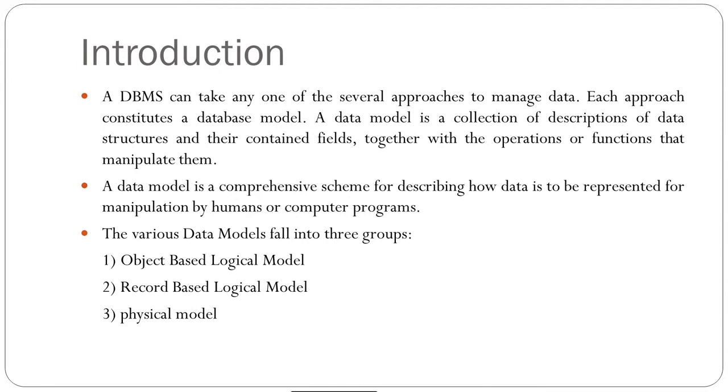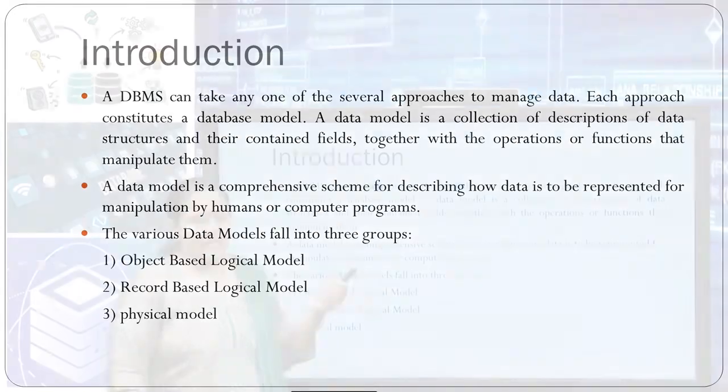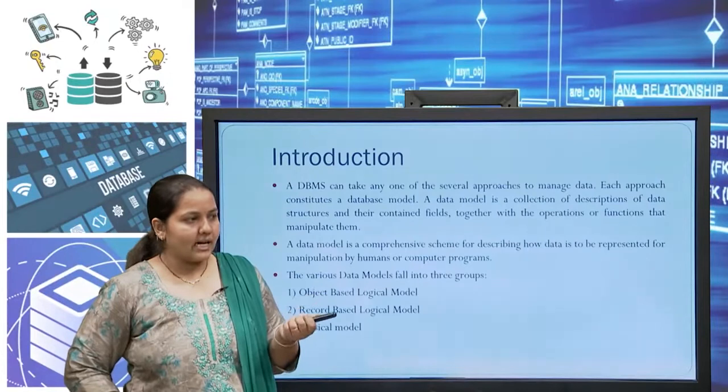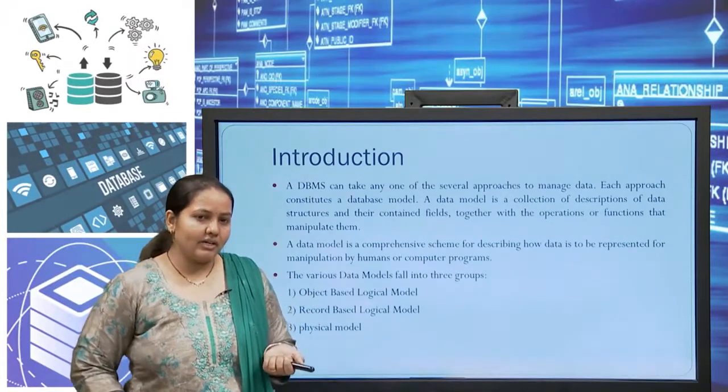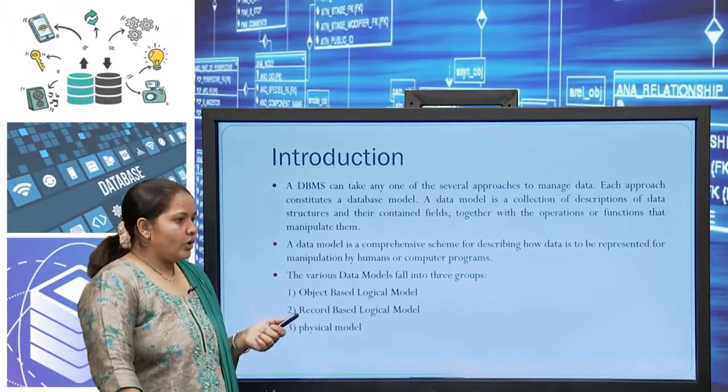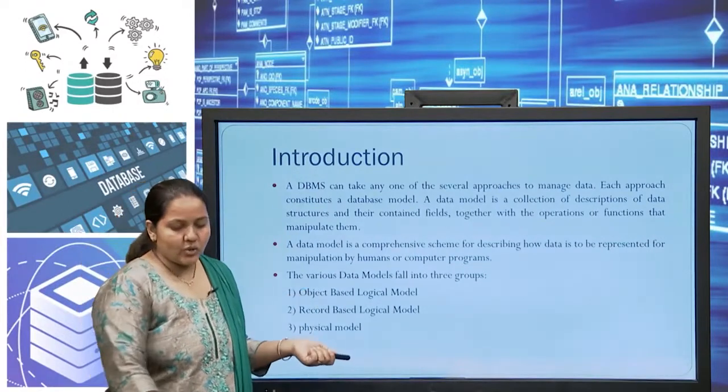A data model is a description of data or facts, that is, the structure, the physical schema defined by the model. So a data model is a comprehensive scheme for describing the data you are manipulating or managing in our database management system. They fall into these three categories.